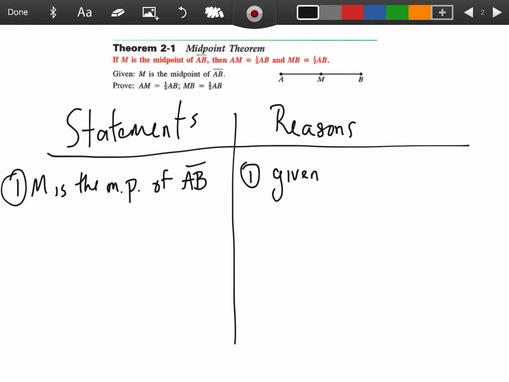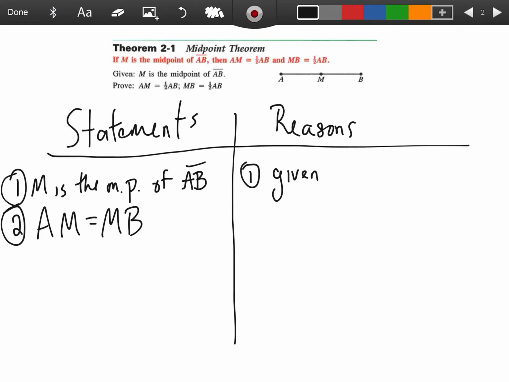Well, what do we know? What does the midpoint tell us? The definition of a midpoint tells us that it splits a segment into two equal parts. So AM is going to be equal to MB.